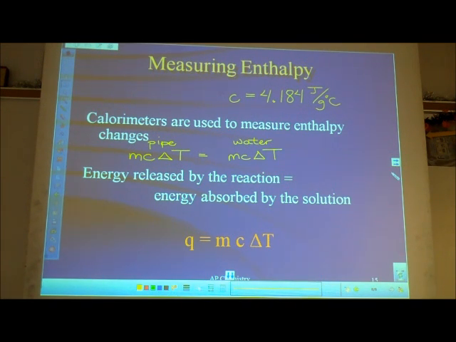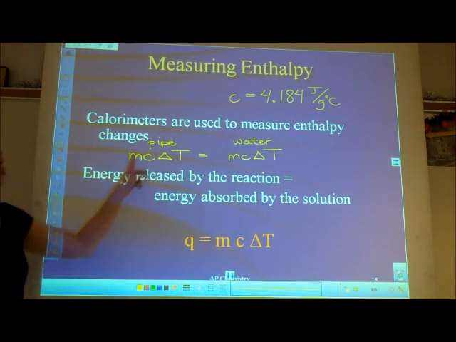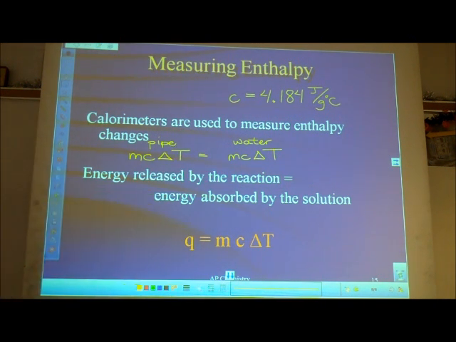Now there's one little catch here. Which one of these is experiencing an exothermic process? Which one was releasing heat? The pipe. What kind of heats do exothermic processes have? Negative or positive?